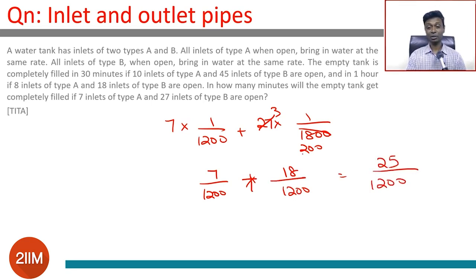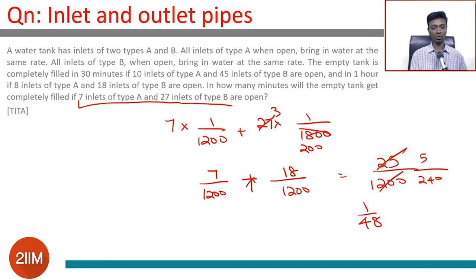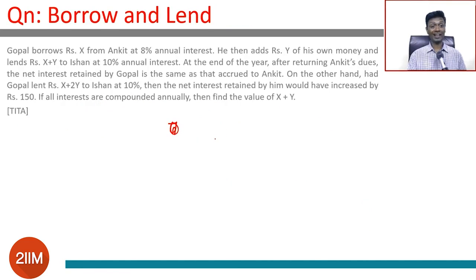I'm just taking the LCM as 1200. Divide by 5, 5 by 240 or 1 by 48. This system fills 1/48 of the tank in 1 minute, or it will take 48 minutes to completely fill the tank. Answer is 48.